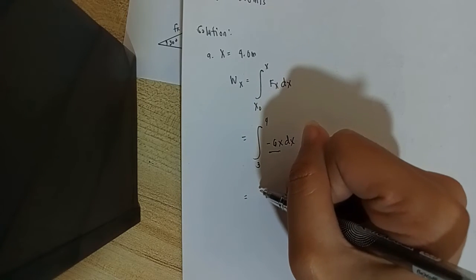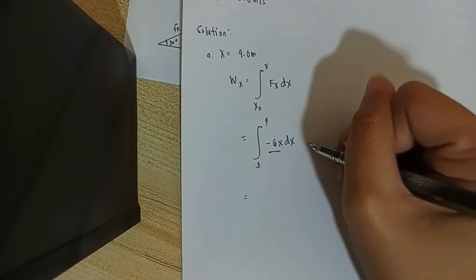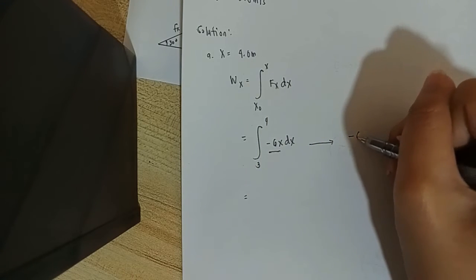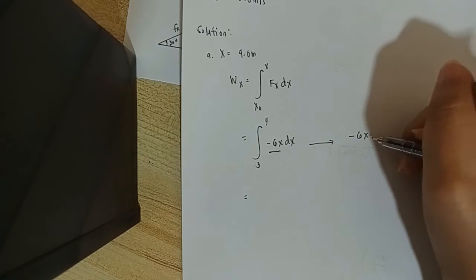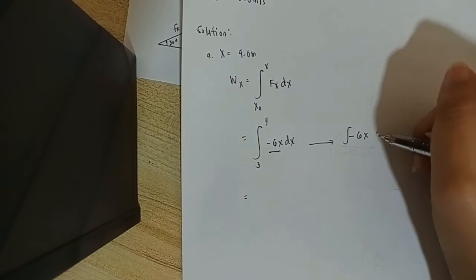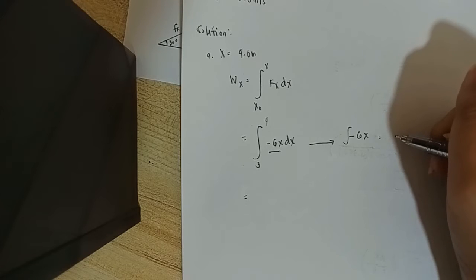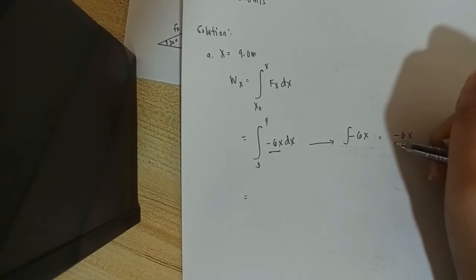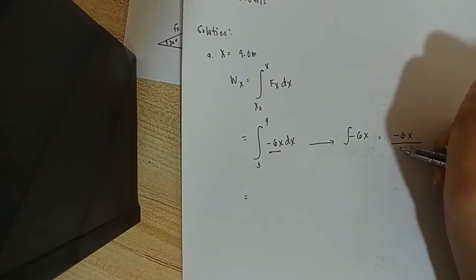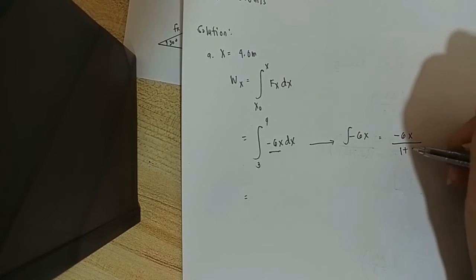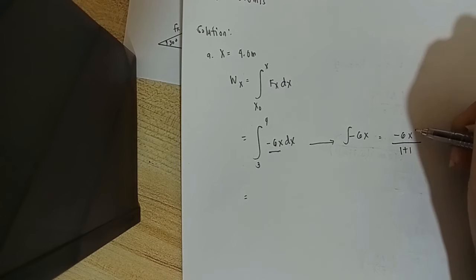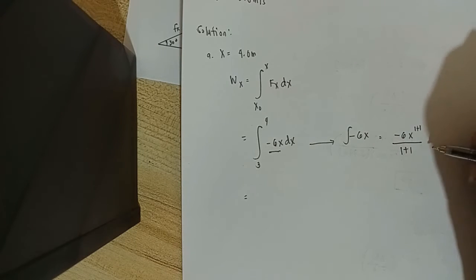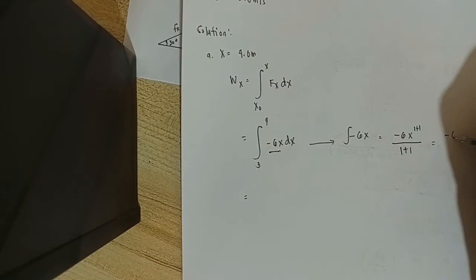So integration, basic integration, guys. How would we integrate negative 6x? The integral of negative 6x is negative 6x over 1 plus 1, and the exponent will also be 1 plus 1.